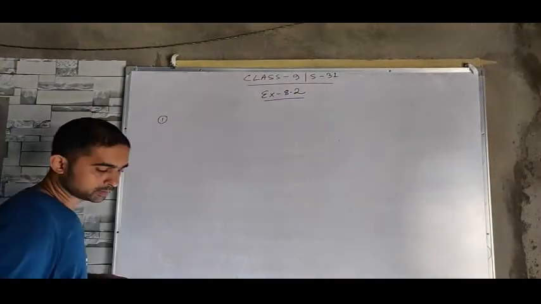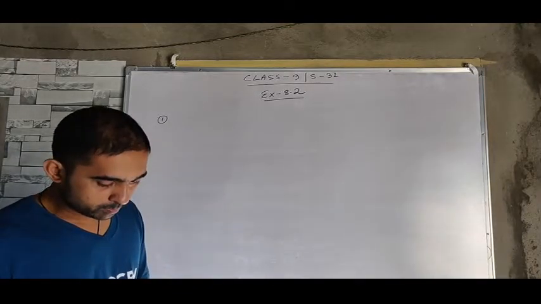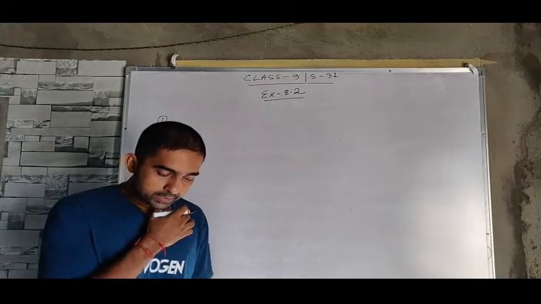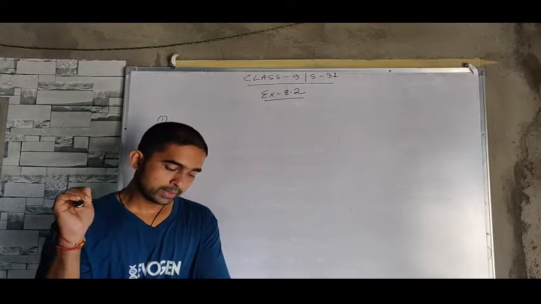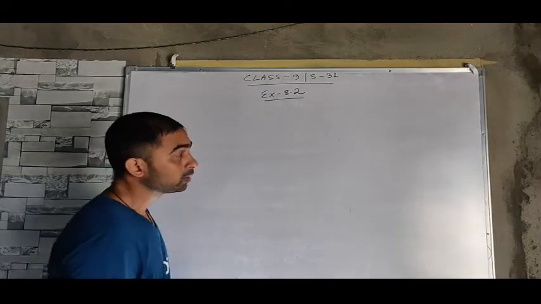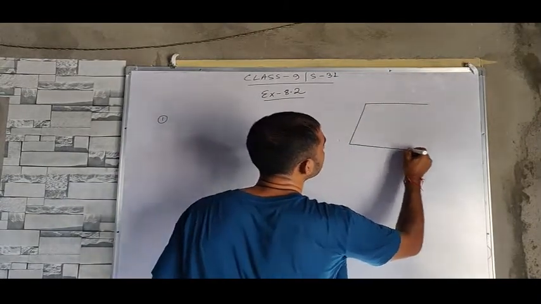First question. ABCD is a quadrilateral in which P, Q, R, S are the midpoints of the sides AB, BC, CD and DA. AC is a diagonal. Show that SR is parallel to AC, SR is equal to half of AC, PQ is equal to SR, and PQRS is a parallelogram.